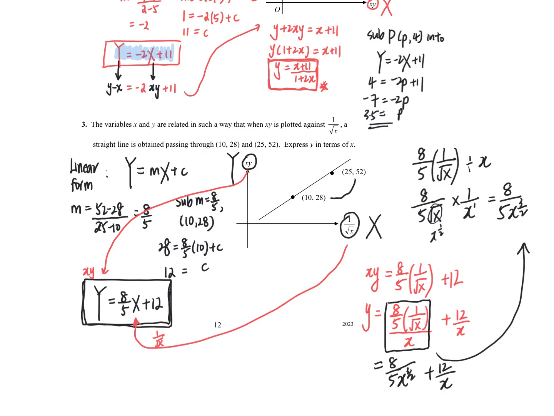Y-intercept? I counted wrongly. 28. My gradient correct or not? 28 minus this times 10. Correct what? 28 minus 8 over 5 times 10.